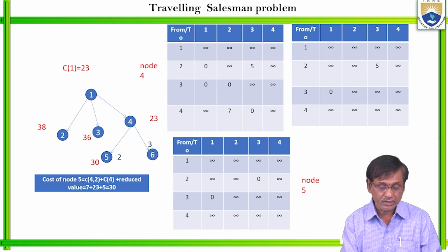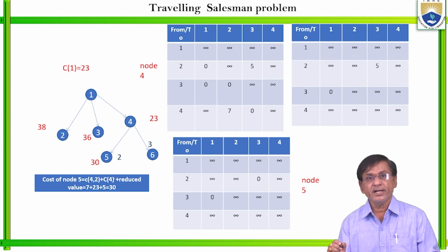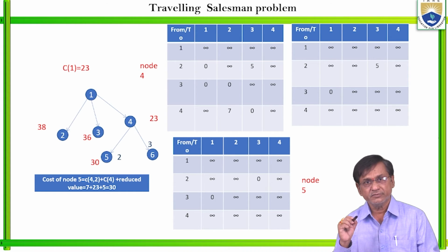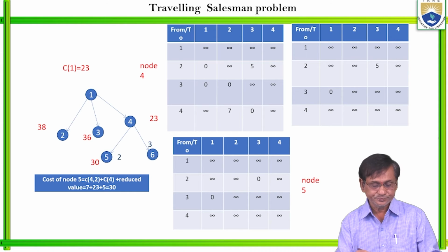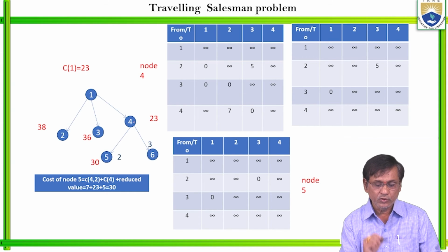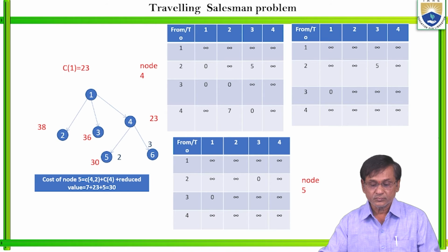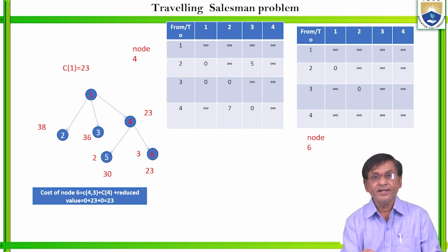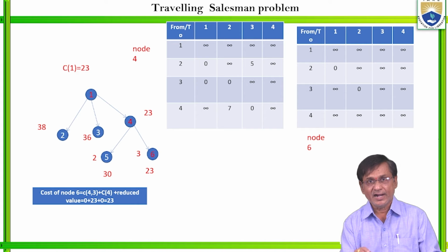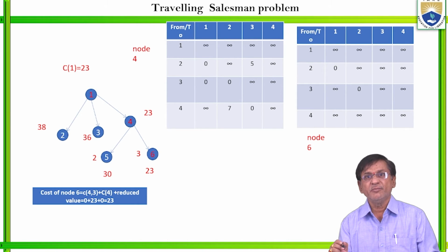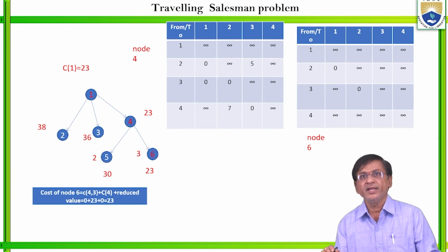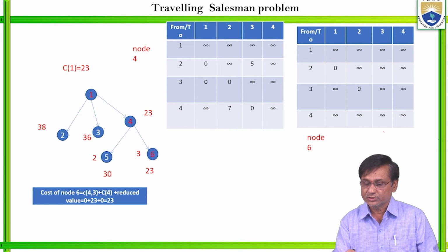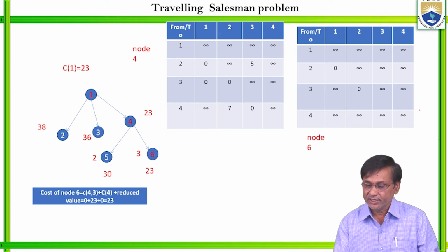After calculating the cost of node 5, now calculate the cost of node 6. For calculating the cost of node 6, again take the matrix of node 4, and change the elements of the fourth row to infinity and the third column to infinity.